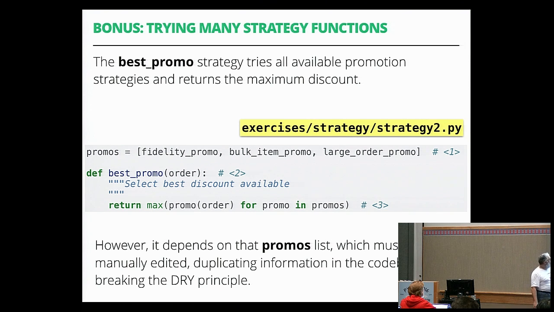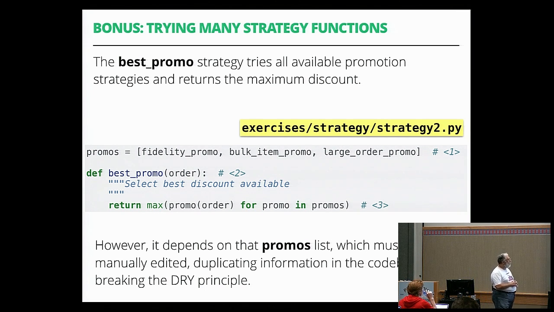And then I iterate over each promotion in the promos list and apply that function to the order. So I get a number, which is the discount value, and I return the maximum value of doing that. Okay? So in this case, I don't even care which promotion it is. I just want to get the maximum possible value. Okay?